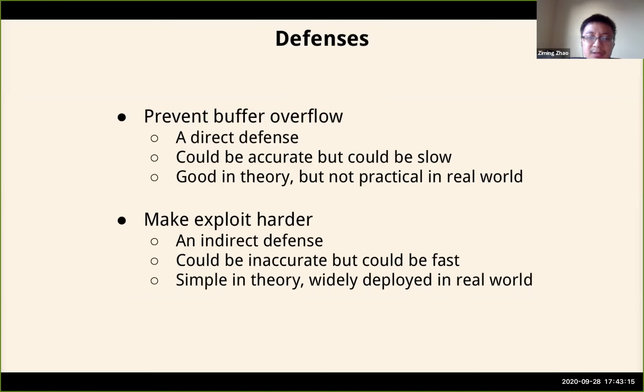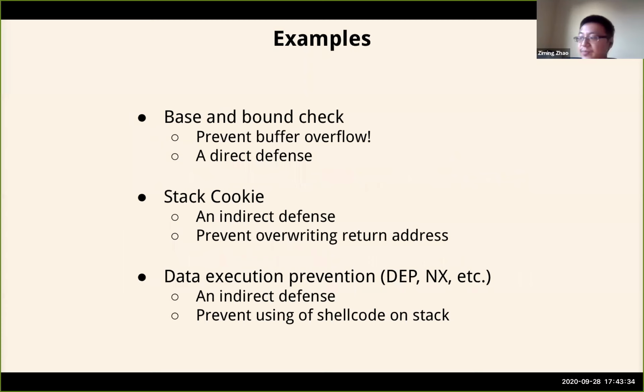The direct defenses are very good in theory. Every time you find a paper talking about those, you will say it's a very solid paper, usually published in programming language conferences, not necessarily in security conferences. But they are very expensive, so not really deployed in the real world.